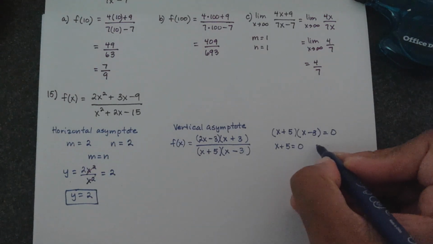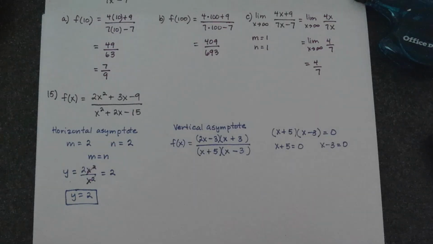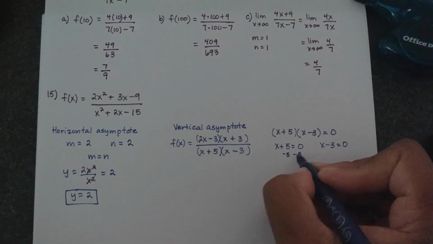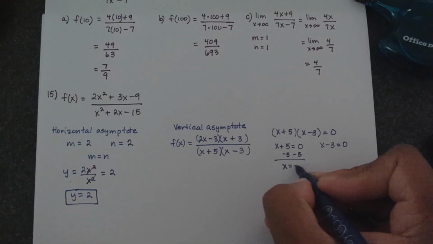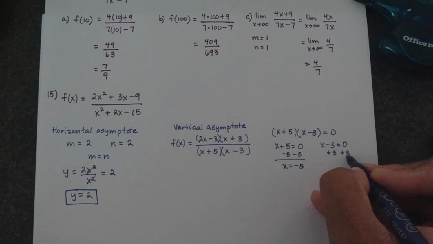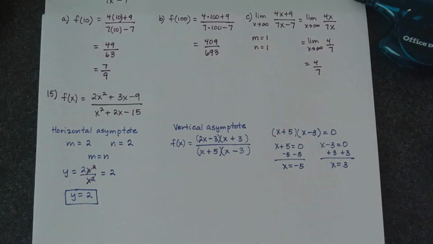So x plus 5 equals 0, and x minus 3 equals 0. For x plus 5 equals 0, that means x is equal to negative 5. And for x minus 3 equals 0, you have x equal to 3. So these are my two vertical asymptotes here, x equals negative 5 and x equals 3.